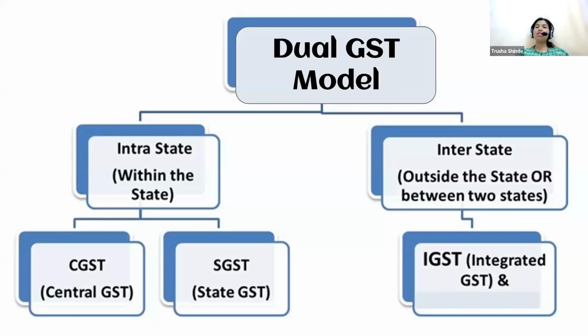Now coming to interstate taxes, if you're selling goods from Mumbai to a Delhi person, here come your interstate supplies. Here you charge your IGST, the Integrated Goods and Services Tax.